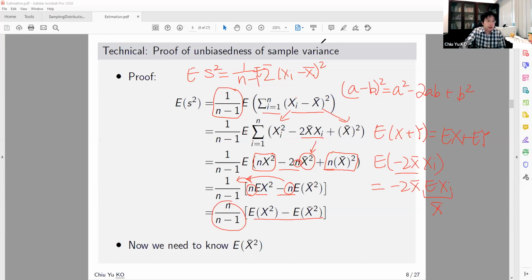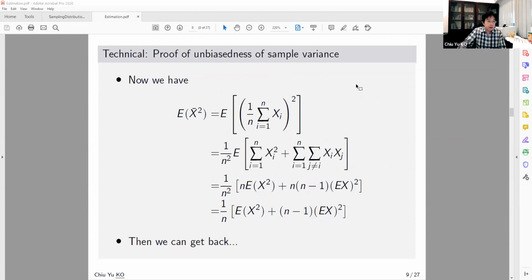Okay, so now the key here is to figure out this guy. What's this? Is that a question? So there's some math here, but not too difficult. The expected square of the mean.